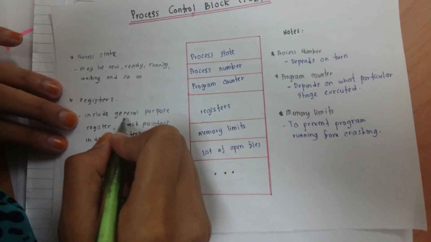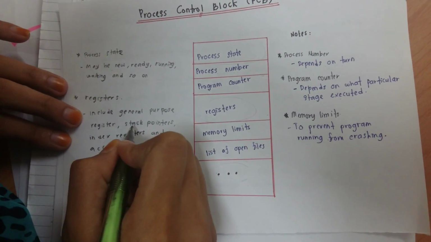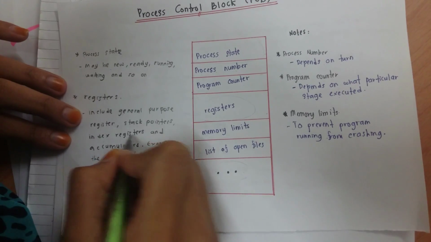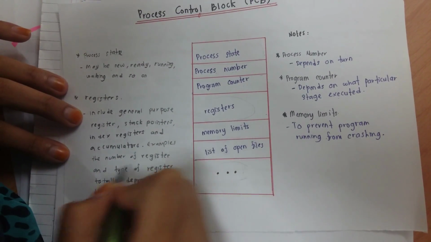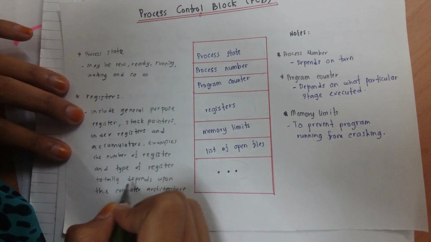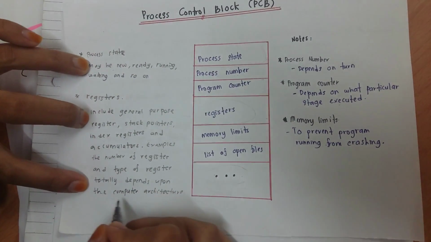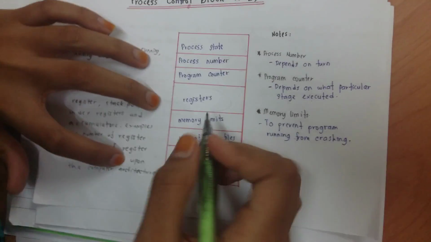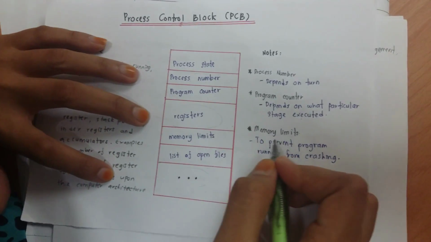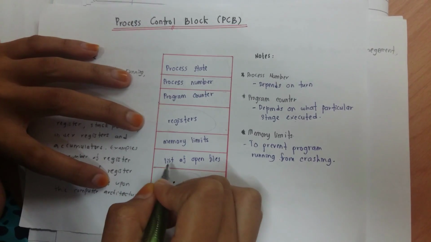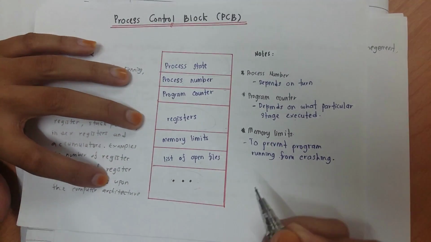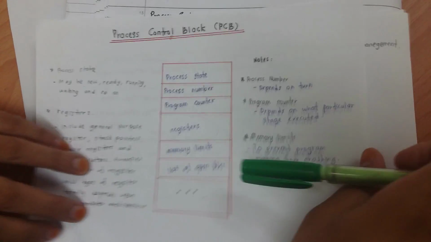Register includes general purpose registers, stack pointers, index registers, and accumulators. The number of registers and the type of registers totally depend upon the computer architecture. The fifth is memory limits. Memory limit is to prevent the running program from crashing. The sixth, list of the open files. And the last one is this.